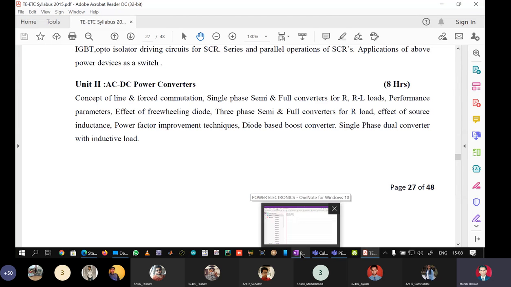Then we'll start with classification of converters, and then line and forced commutation, and our session will end by discussing the effect of adding inductance in a converter circuit.